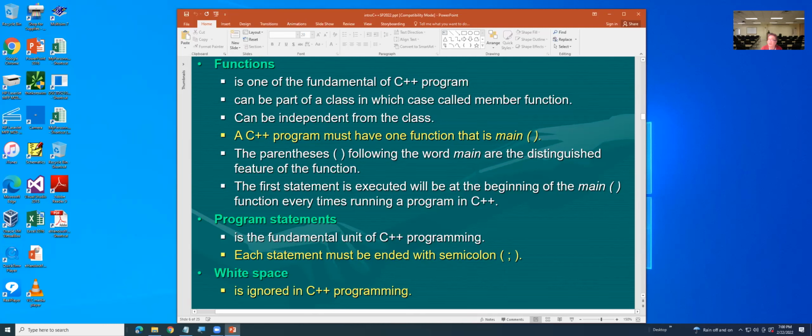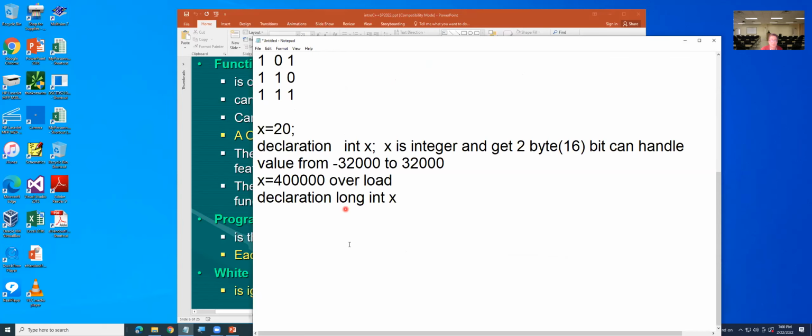Now, I can tell you, if you say integer A, then you get a syntax error. Why? The thing is you're missing the semicolon.